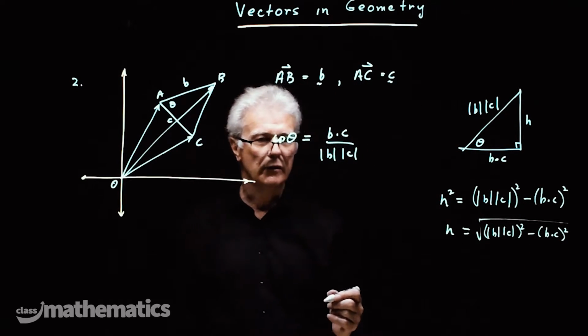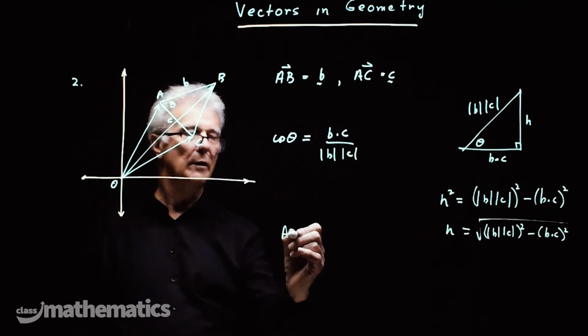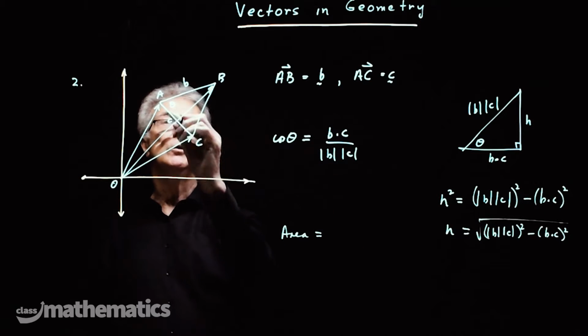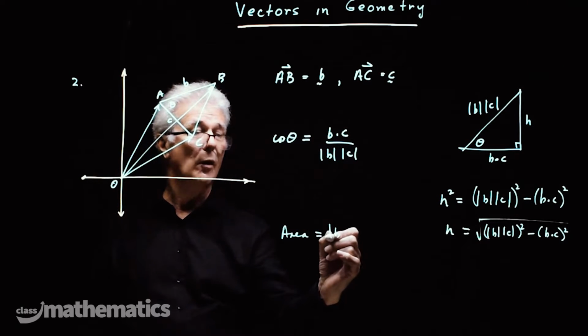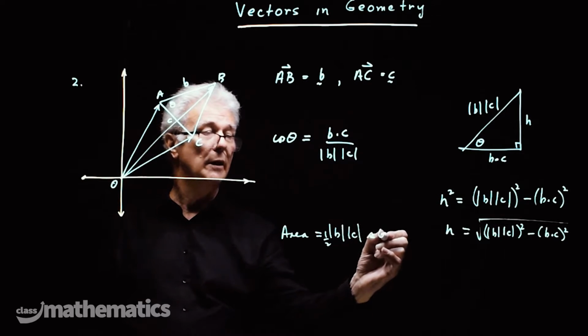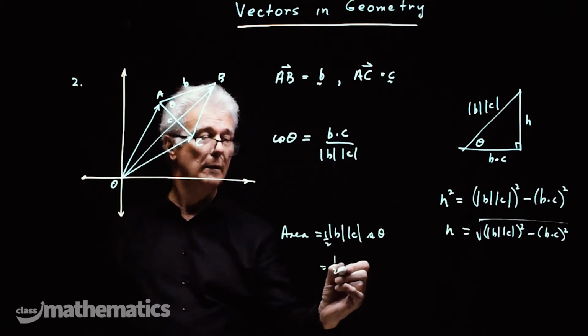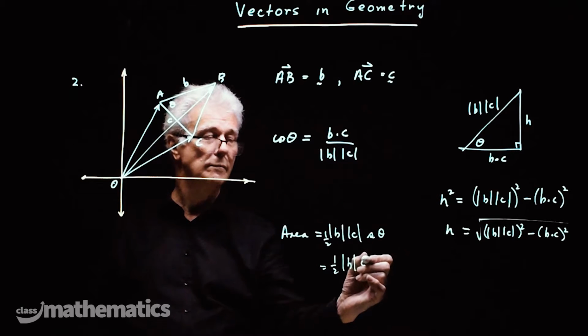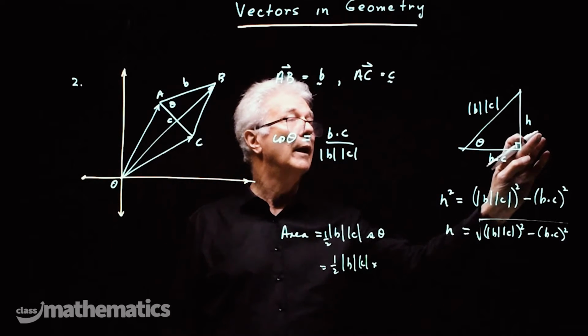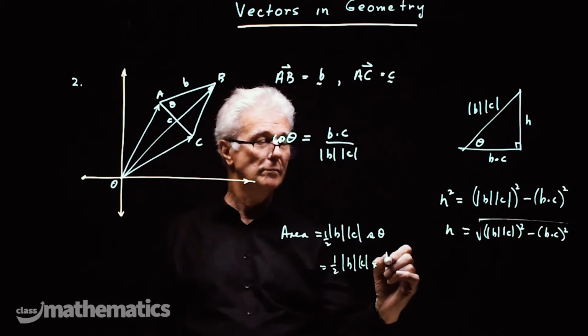And if you recall, the area of a triangle is equal to half of the magnitude of b, c, sine of theta. And from that triangle over there, we can see that the sine of theta is h over this.